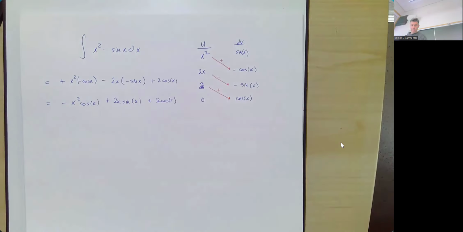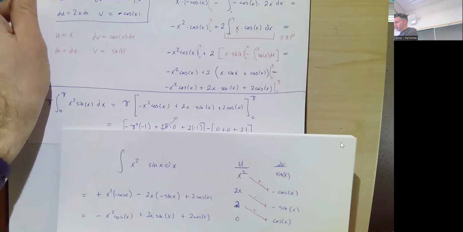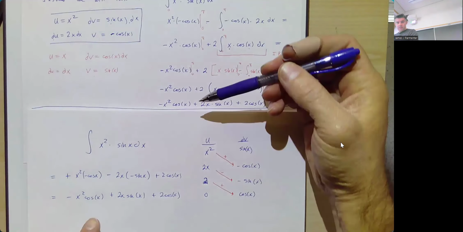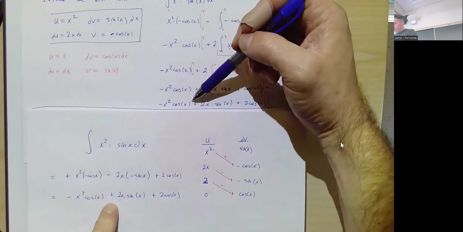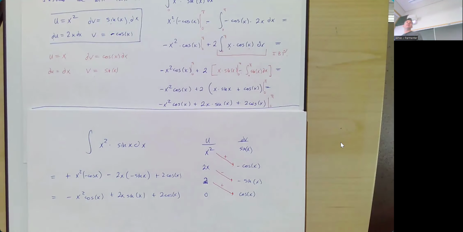Which I'll remind you is exactly the same thing we got when we did it the other way. If we look back here for a second, our integral was negative x squared times cosine plus 2x times sine plus 2 times cosine. So there's a nice demonstration of the fact that the tabular method really does work. You're just doing a shortcut. And really what's happening here, so check it out for 1 second, right?